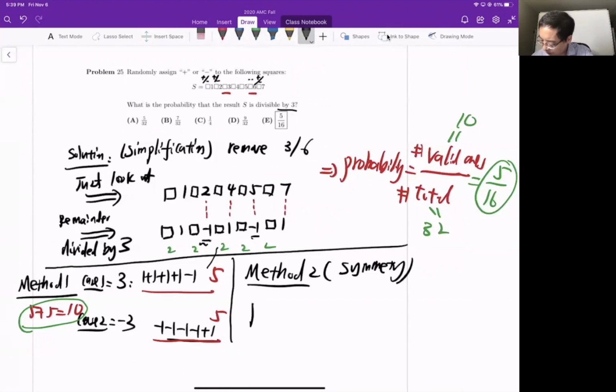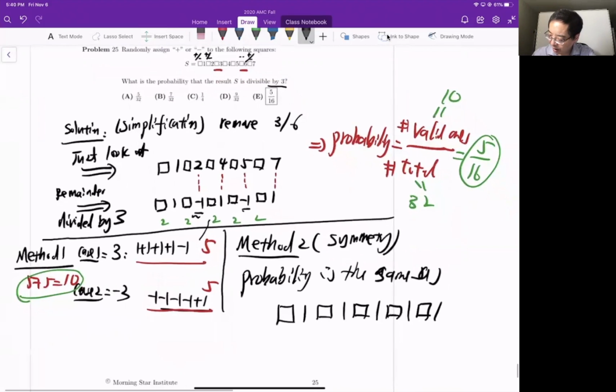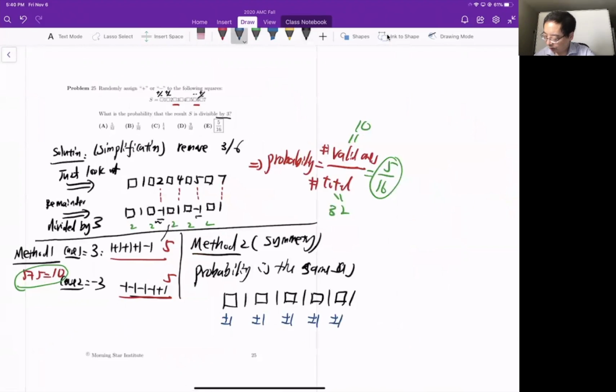So that means the probability is the same as the following. I have 5 ones, right? And then I just put a plus or minus in front of each to be divisible by 3. Then we know there's only 2 choices. Either you get 3 or you get -3.